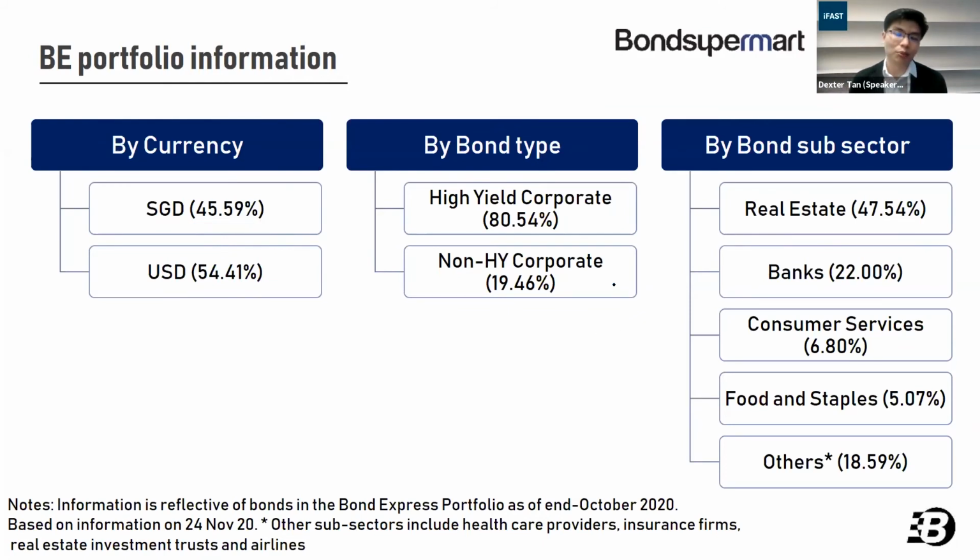If we break down the portfolio by subsectors, the majority is in real estate, which is about 50%, about 20% in banks, and another 20% in other kinds of sectors. For example, healthcare, which is Thomson Medical, insurance firms, FWD, Manulife, airlines, which is Cathay Pacific.